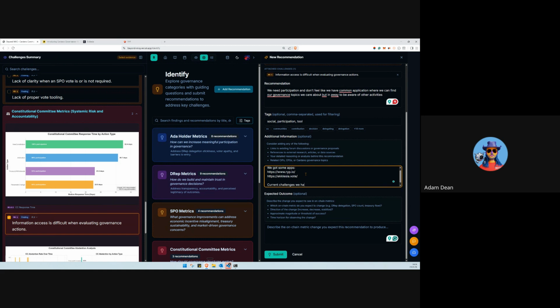Like, hey, who needs to vote on this? SPOs and DReps. So you could get notifications every time a new GovAction comes online and quickly go, this requires SPOs and DReps. This requires CC and DReps. This requires CC and SPOs. That way, we could get that in a more decentralized fashion into people's fingertips.